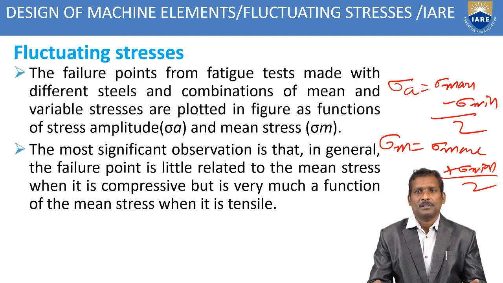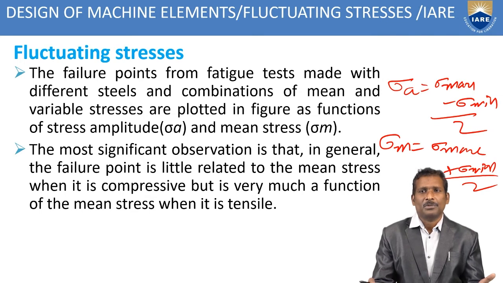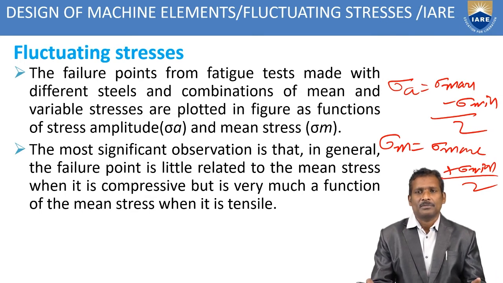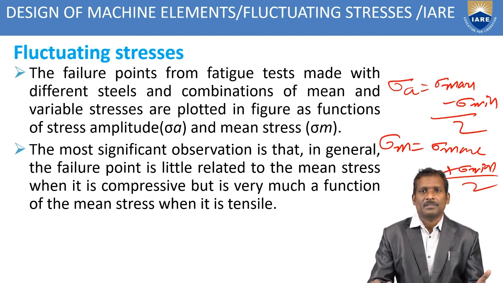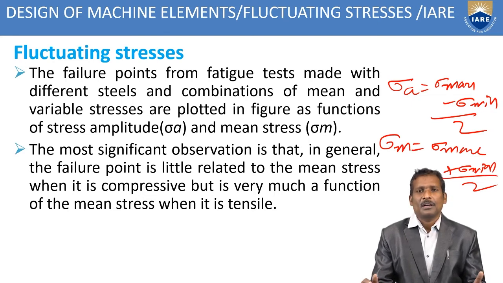So when the mean stress is tensile, the failure points are very close, and when it is compressive, the failure points are very far apart. How to draw these failure points and how to calculate the fluctuating stresses, we will see.